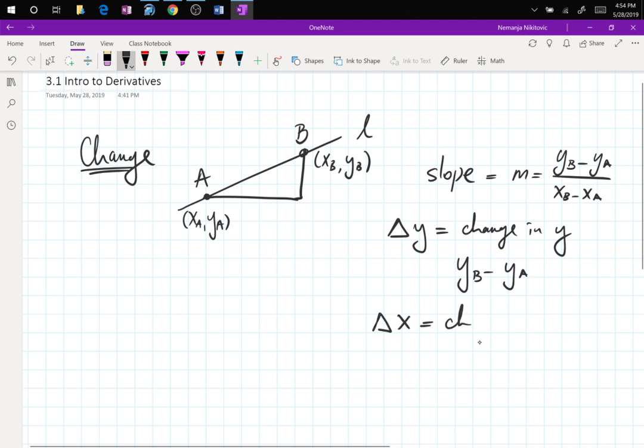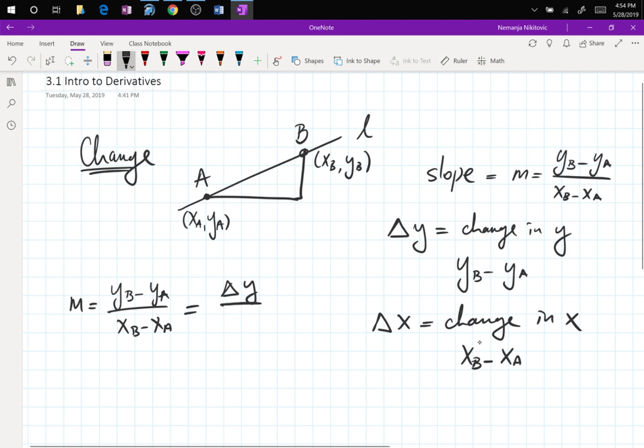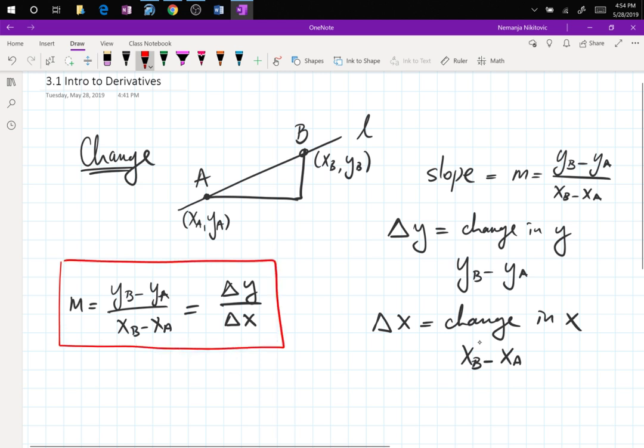Delta X is known as change in X, and that one is given as XB minus XA. So now, looking back at your good old algebra slope, YB minus YA divided by XB minus XA can be simply denoted as delta Y over delta X. So this is the formula for slope, and this slope formula measures the change.